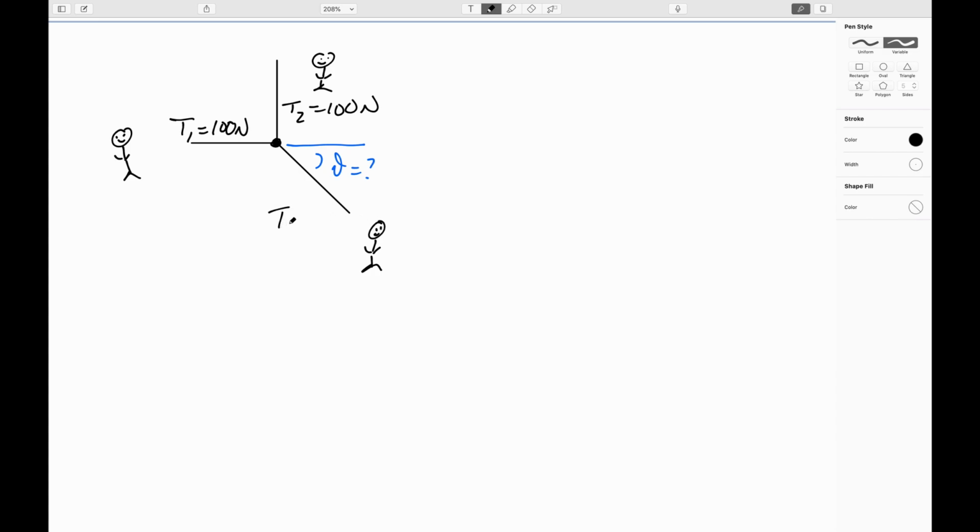And we don't know how hard they're pulling on the rope or at what angle. What we do know is that they are pulling on it in just such a way that nobody is winning the tug of war, which means that the ring isn't moving. So if you prefer, you can call this static equilibrium, but in any event, it means that the acceleration of the ring is 0.